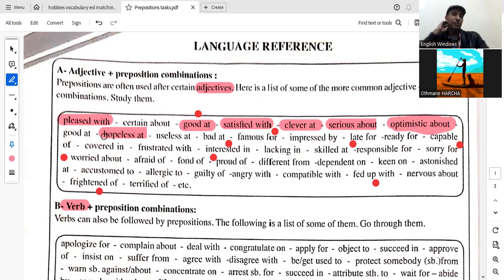At communicating English. Why are you hopeless? Are you telling the truth? I think that your English is fine, great. Othmane, what's wrong with you? Are you really hopeless at communicating in English? Yes.